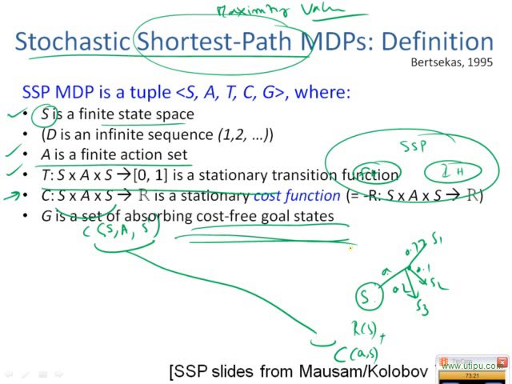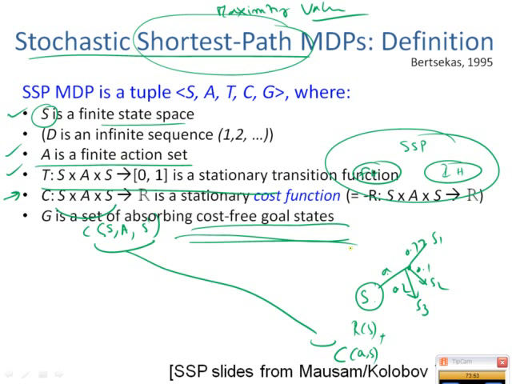Now you notice that such a state could have existed in your previous MDPs, but it was not part of the definition. In those MDPs, you could have had states where once you reach the state, you no longer get any cost, and you can't do any actions. You could have done that in the finite horizon MDPs, and in the infinite horizon MDPs also. But it wasn't required. It was not a definition that the MDP must have such states.